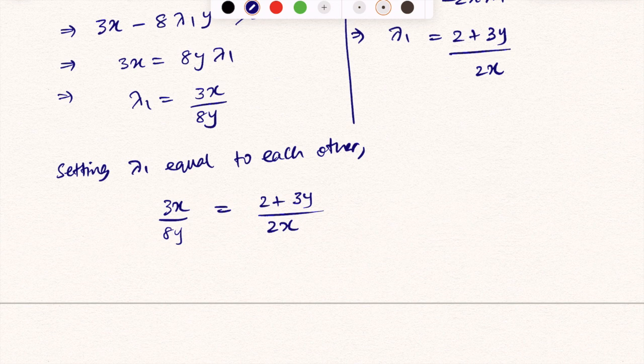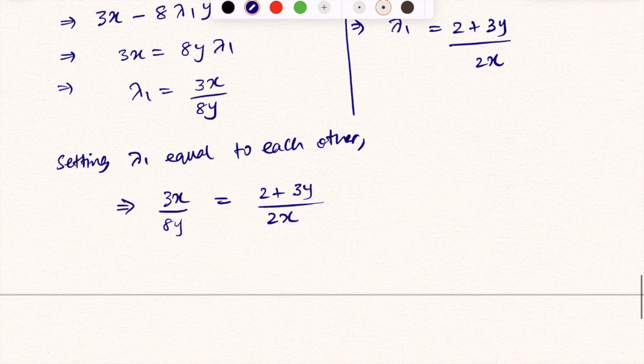Cross multiplying, you end up with 2 times 3, 6, x squared equals 16y plus 24y squared.